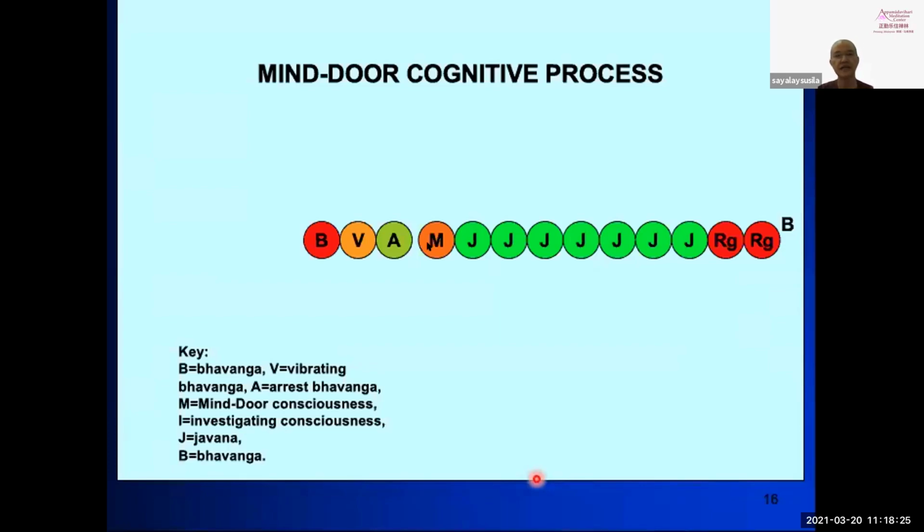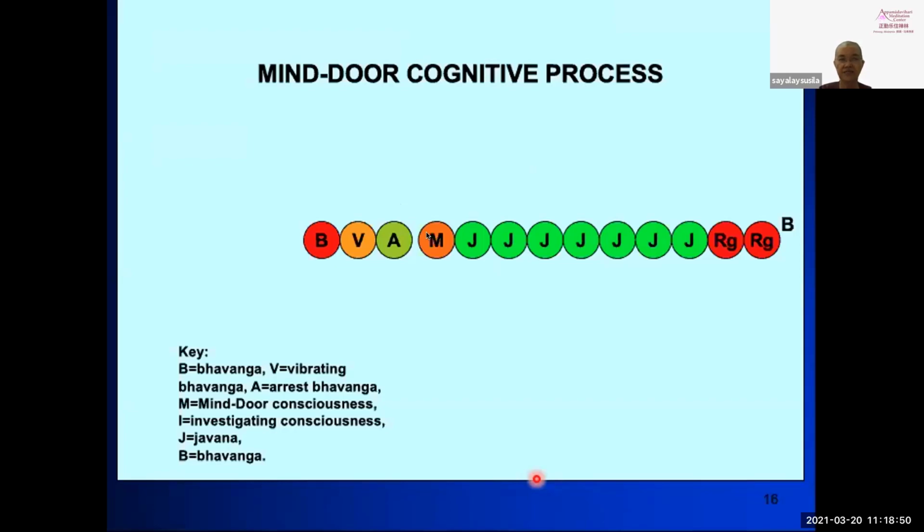Then here M is mind door averting consciousness, which is functional consciousness. So in the mind door cognitive process, M here is called mind door averting consciousness.